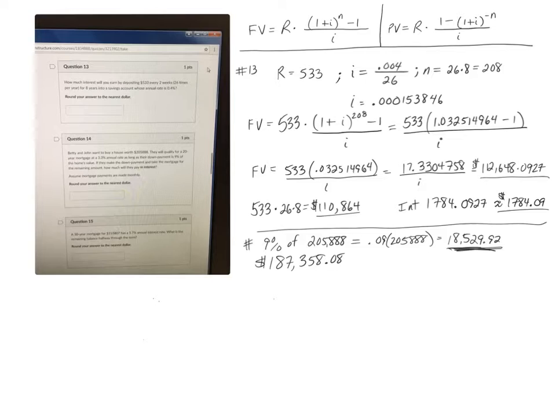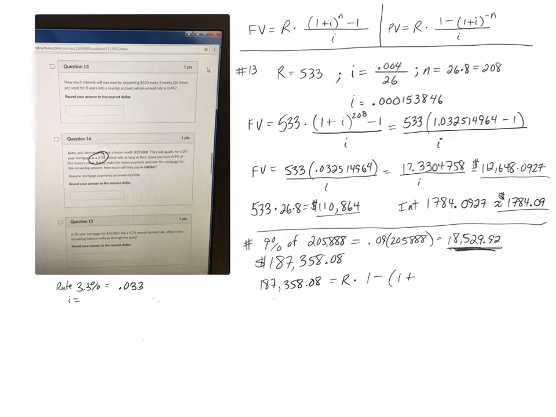So present value is this 187,358.08, and that's equal to the monthly payment, which is R, times 1 minus 1 plus I to the negative n, over I. Now for I, for this problem, it is a 3.3% annual rate, so 3.3% is 0.033, and that's the rate, but the I is the rate divided by how many pay periods there are.